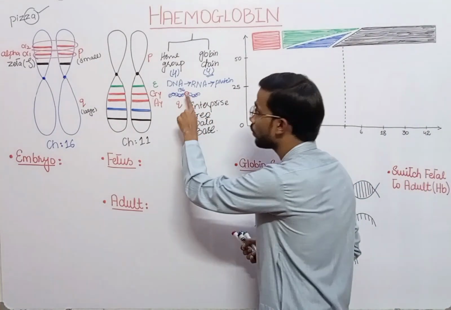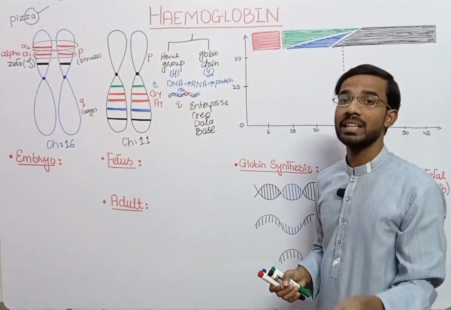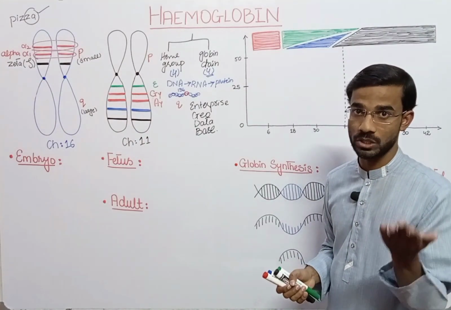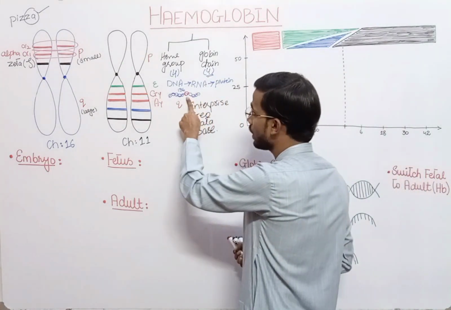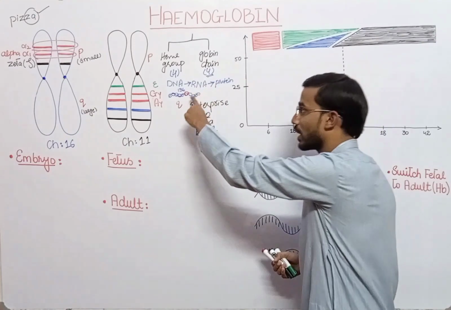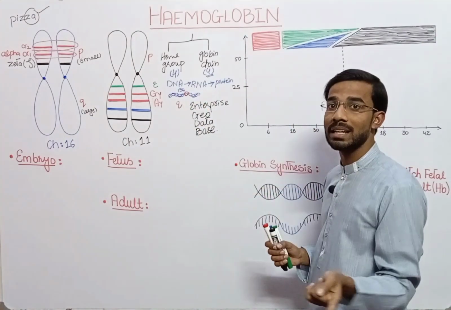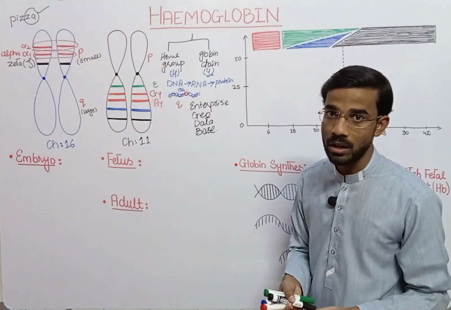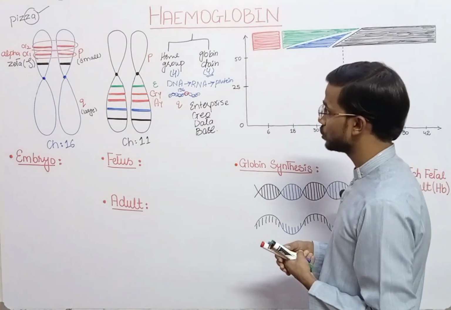At position 136 there are two variants of the gamma globin chain. Some gamma globin chains carry glutamic acid at position 136 and some carry alanine. So these are the two variants of the gamma globin chain.